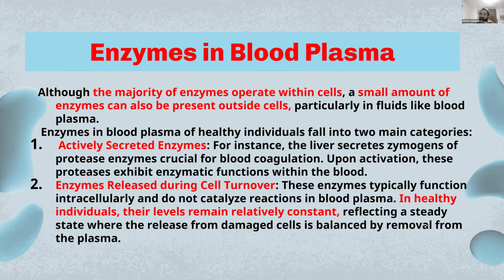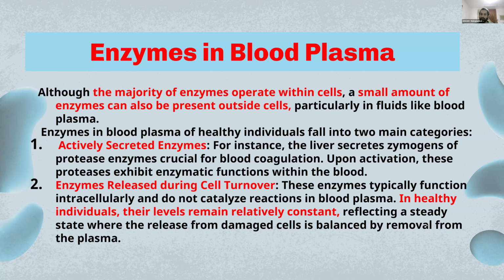The other cause of having enzymes in the blood is enzymes that actually act in the blood. So we have enzymes that act in the blood vessels. They help in the formation of blood clots, and this is a role in blood coagulation. These enzymes are needed to be in the blood always.